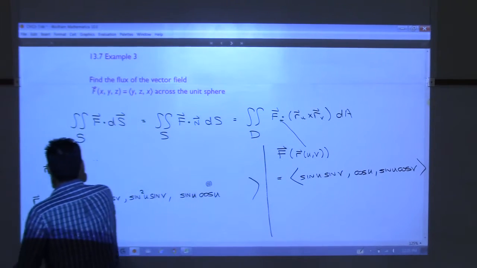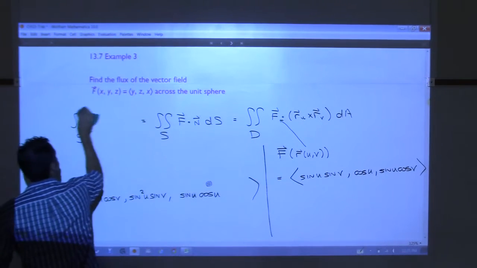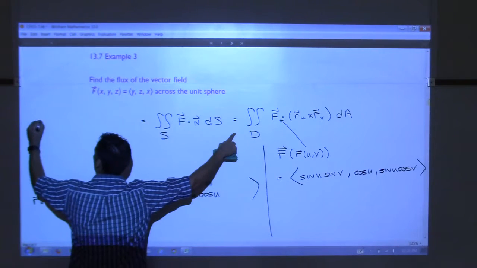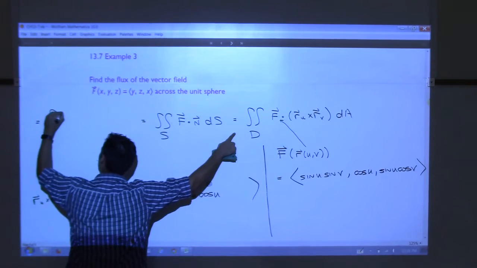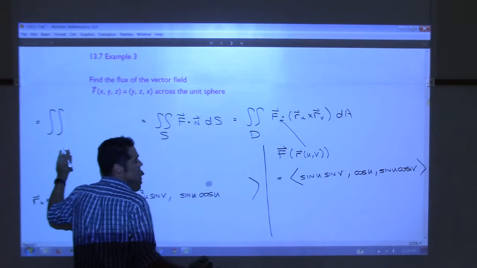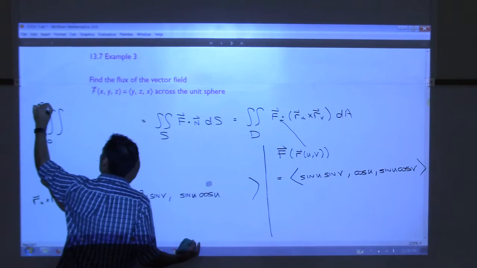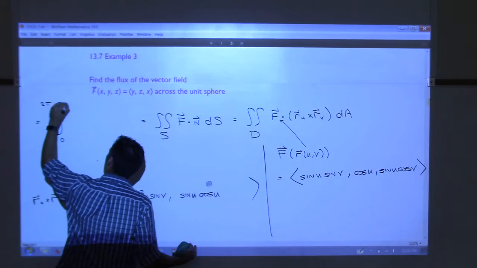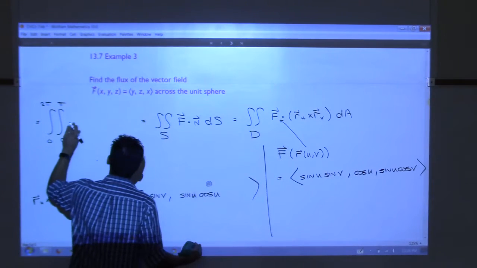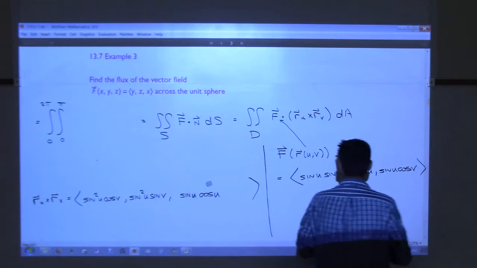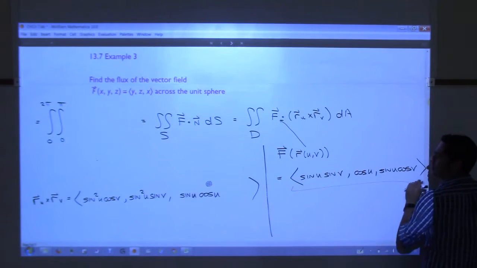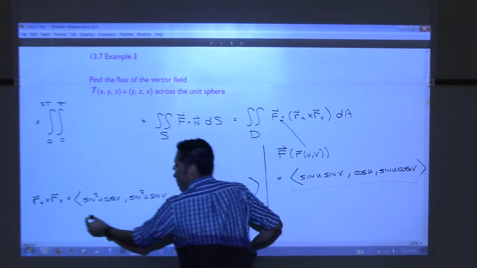We're going to do the double integral. I'm continuing up there. Let's go ahead and put in our limits of integration, because everything's in terms of u and v. So I can go 0 to 2 pi, 0 to pi. And then I'm going to dot. Here we go. This vector dotted with this vector.